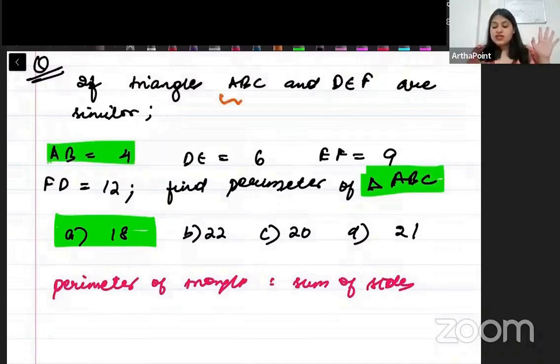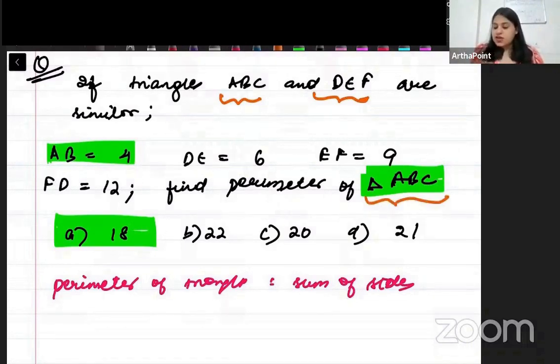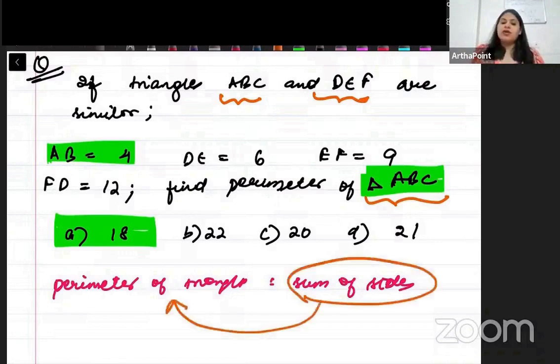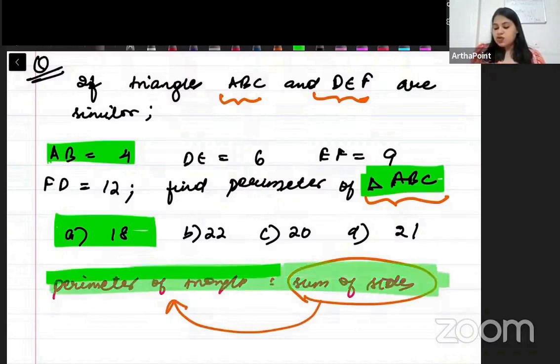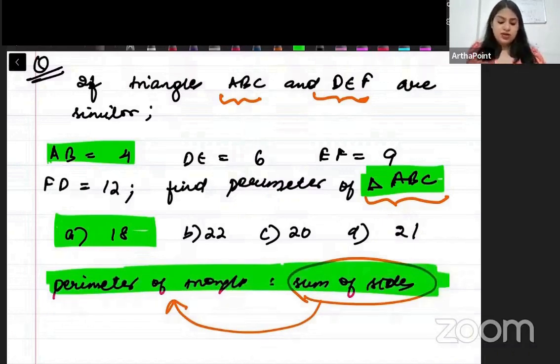But these two triangles are similar to each other. So the ratio of sides should be equal. So find the other two sides of ABC. Then the sum of sides is called the perimeter of the triangle. Please do this. Don't skip this question. Try to do this.